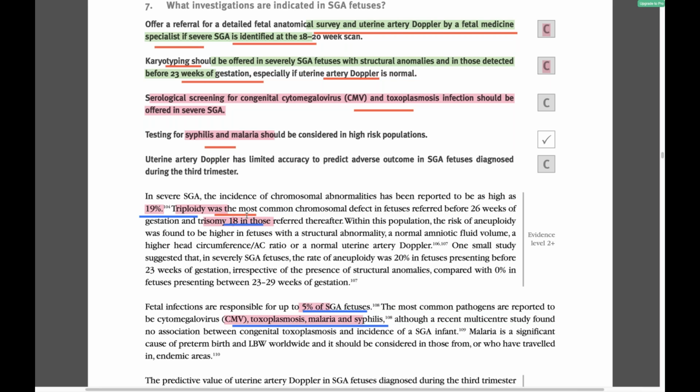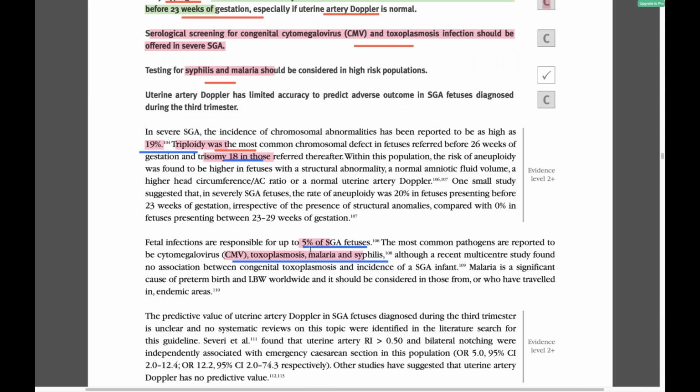Severe SGA chromosomal abnormalities 19%. Before 26 weeks triploidy, after 26 weeks trisomy 18. You will find questions from here. Now fetal infection is responsible for what percentage of SGA? 5%. So these are the two percentages you have to remember.